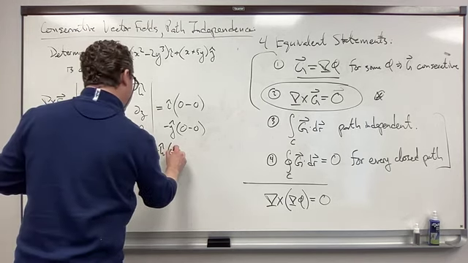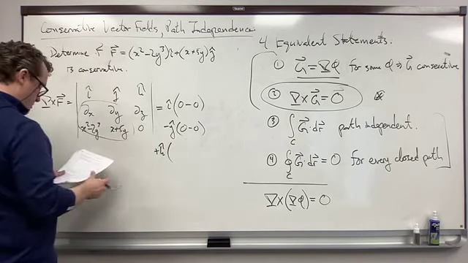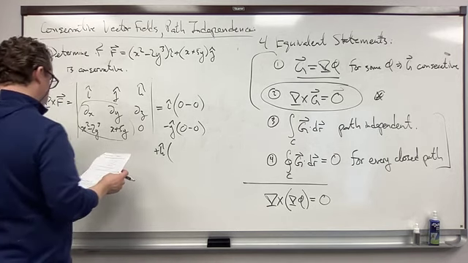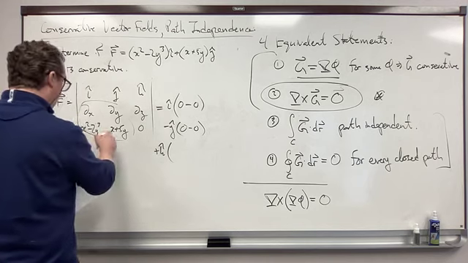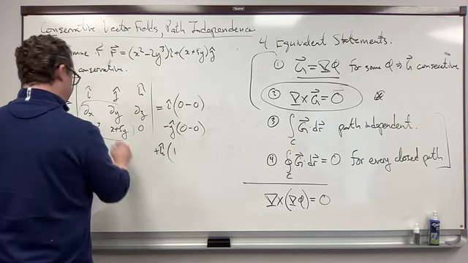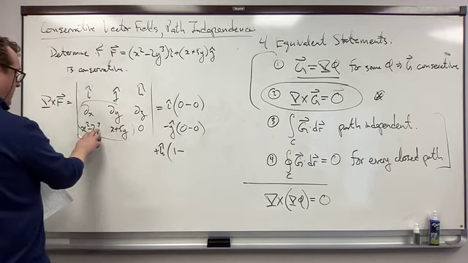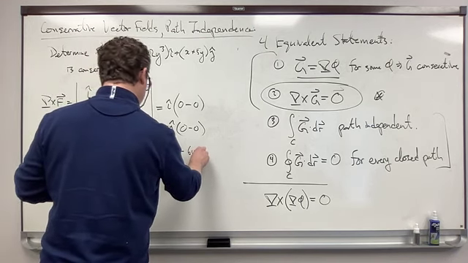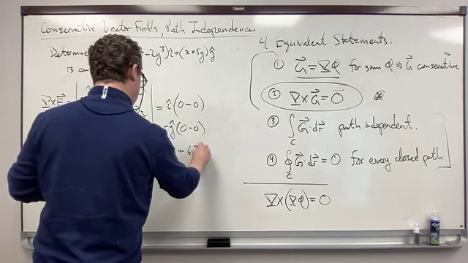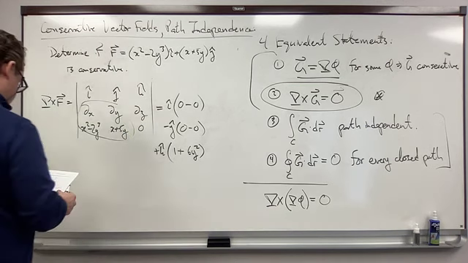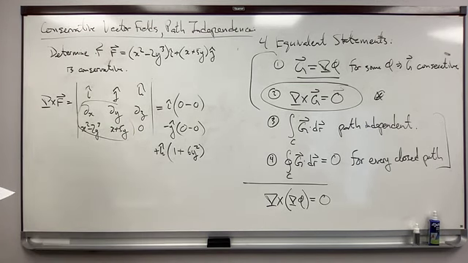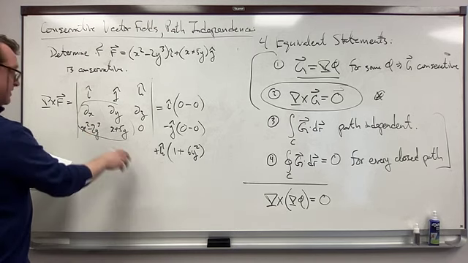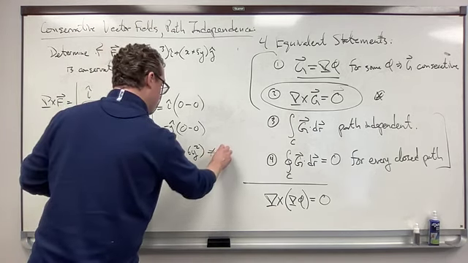So I take ∂ by ∂x of x plus 5y, which is 1, minus ∂ by ∂y of this, which is minus 6y squared. So I had 1, and this is minus 6y squared, and this is not equal to 0.